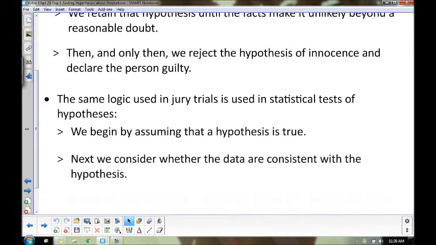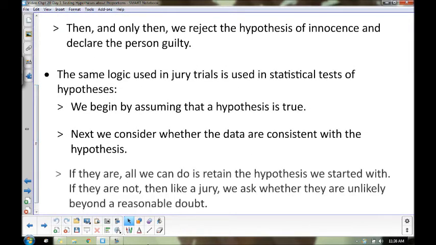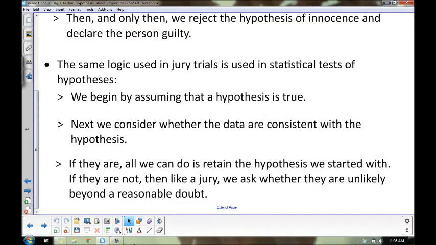Then what we have to do is consider whether or not the evidence, or the data at hand, is consistent with that true claim. So whether or not the evidence that the prosecution presents is consistent with the person being innocent or not. If the evidence that we have is consistent with my null hypothesis, all we can do is retain the null.